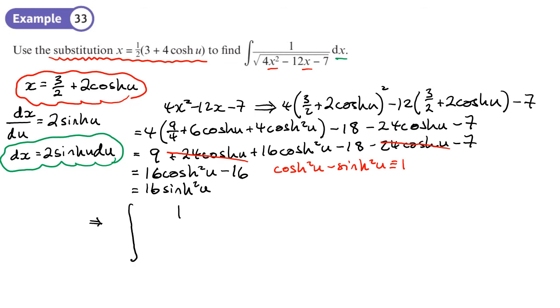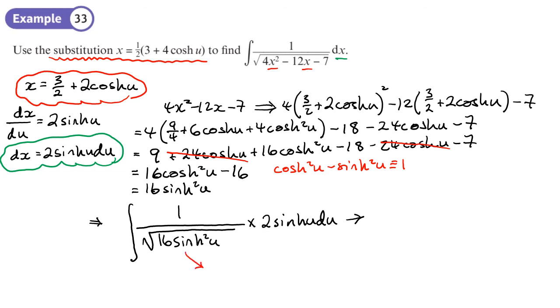So it's going to be 1 over the square root of 16 sinh squared u. Now we mustn't forget about our du, so we're going to have times by 2 sinh u du, like this. So the bottom of this, when you square root it, is just going to become 4 sinh u.